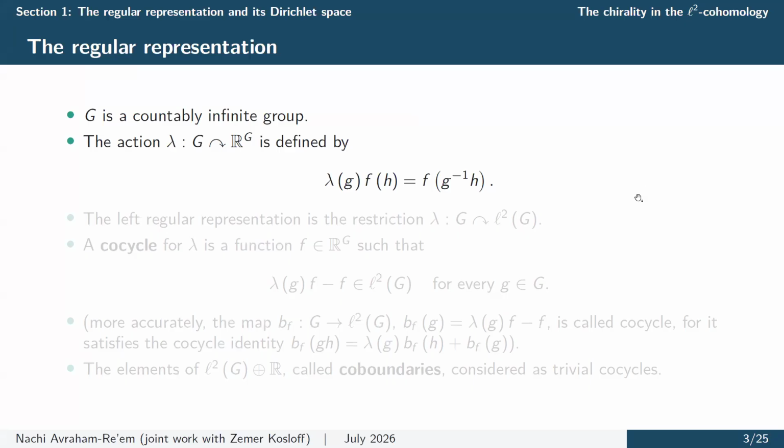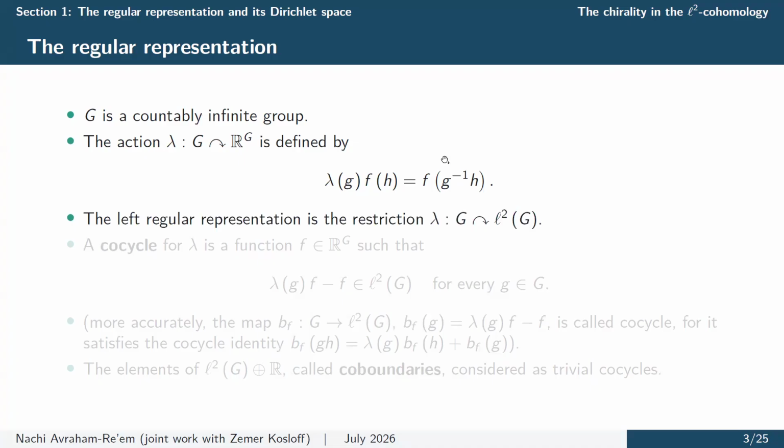I will denote this action by lambda. So every function f can be translated this way from the left and get a new function, and this defines an action of G on this vector space R to the G.